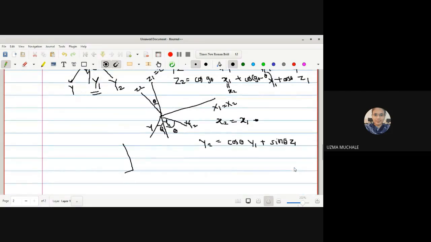Next, z2 is equal to cos 90, which is 0. Next, cos 90 minus theta is minus sin theta y1 plus cos theta z1.